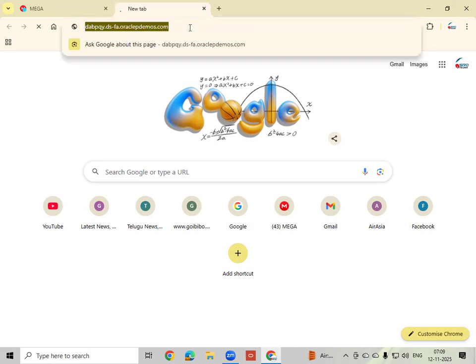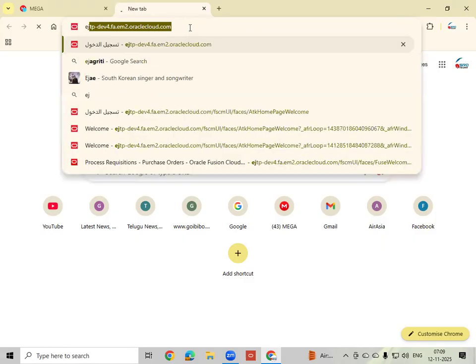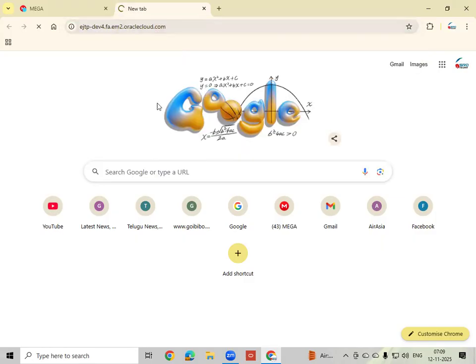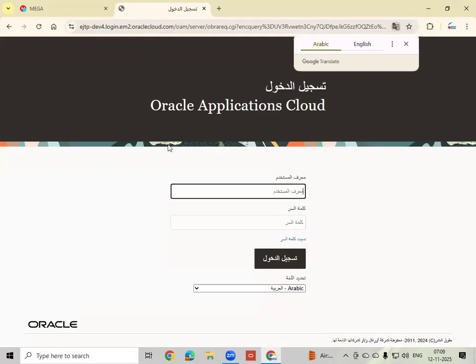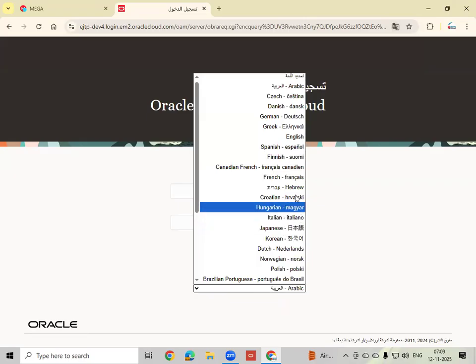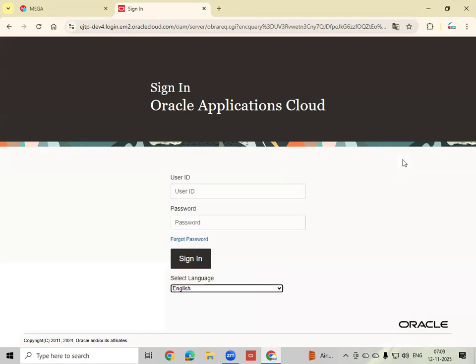Okay, I think it is getting slow. So I'll use this dev instance. Yesterday I showed you how to create a user handle. This is a different user I'm using.